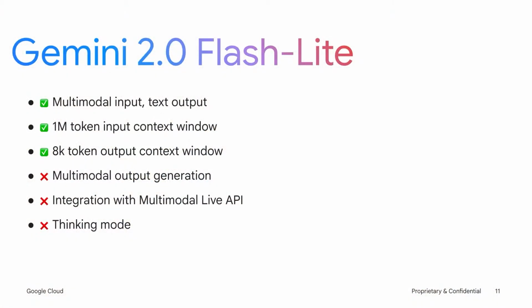But at the beginning of February, we did launch two new models in the Gemini 2.0 family. The first is Gemini 2.0 Flash-Lite. That is Flash-Lite, not flashlight like what you used to see in the dark. This is a preview model that is the most cost-effective Gemini model to support high throughput.